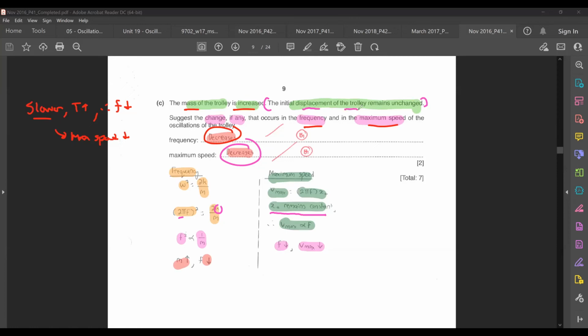Now, the thing that I probably should mention to you is this. Let's just say, for example, I give you a mass on a string, a pendulum bob. Say this one is your pendulum bob example.